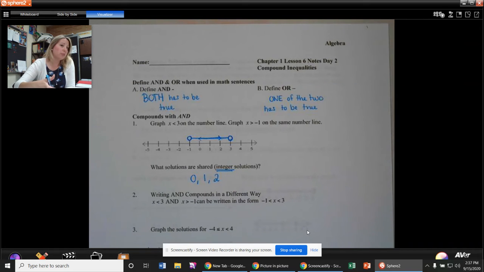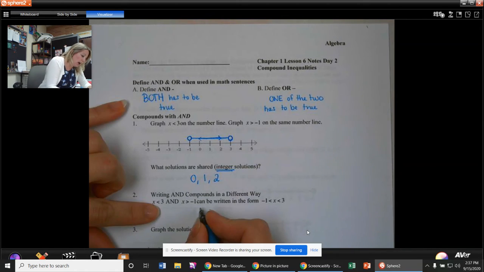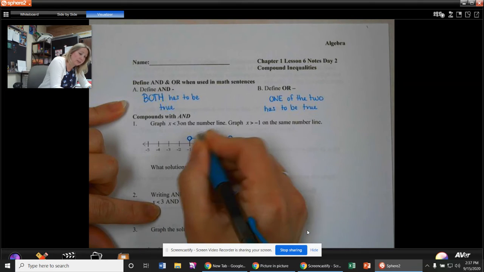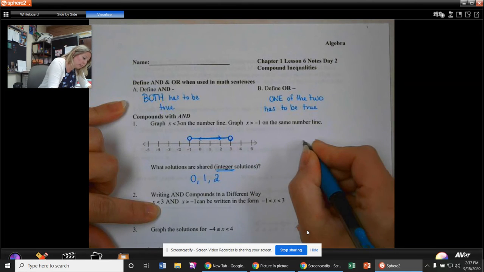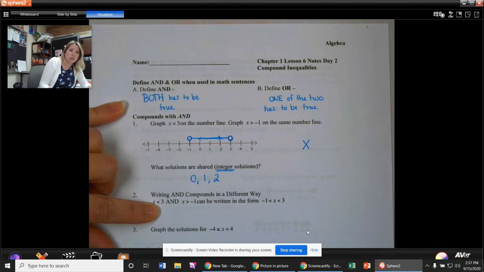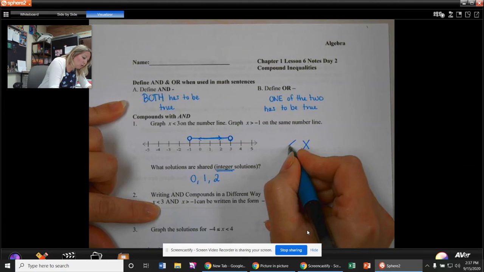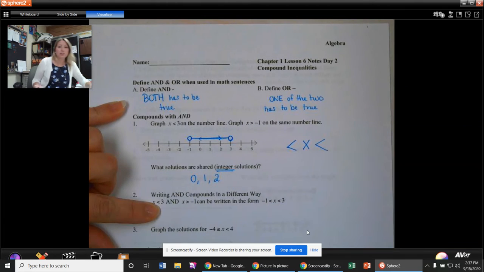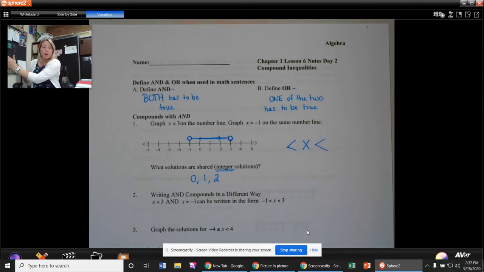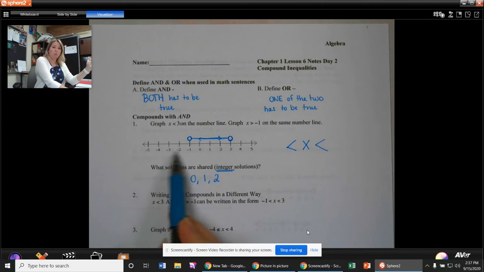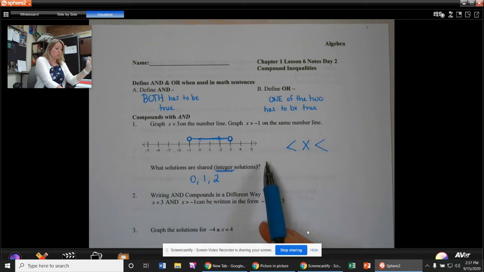The x is between two values, and it's always between less than signs because we read left to right, and smallest is to the left. These are the smaller numbers. Greatest is to the right. So these are the greater numbers.